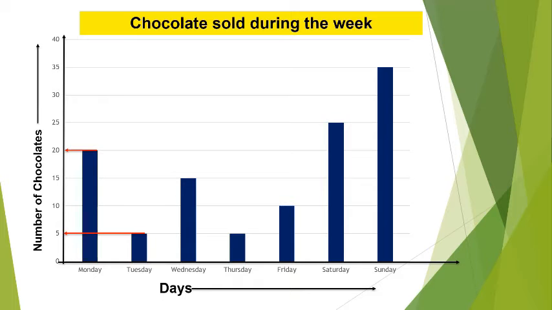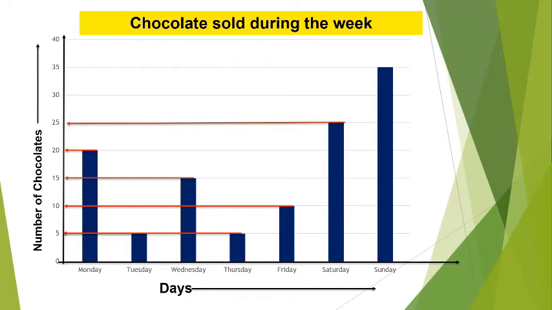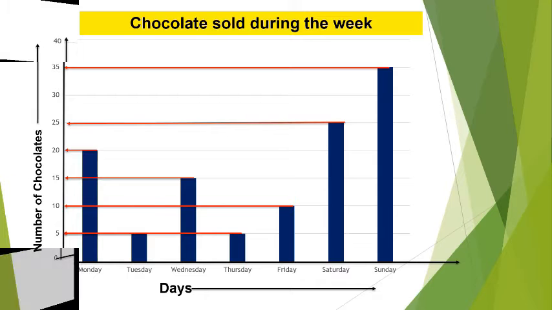In the same way, on Wednesday, 15 chocolates are sold. On Thursday, again, 5 chocolates are sold. On Friday, 10 chocolates are sold. On Saturday, 25 chocolates are sold. And on Sunday, the maximum number of chocolates, that is 35 chocolates, are sold.